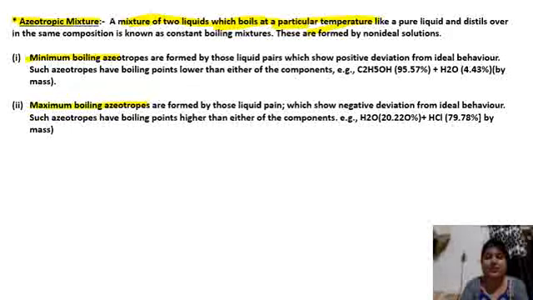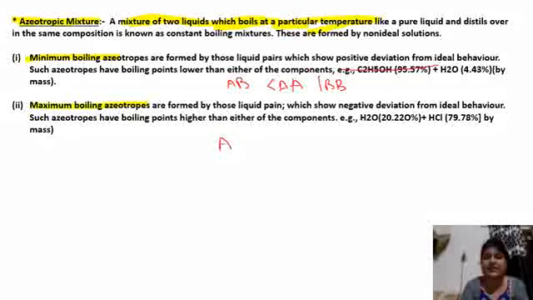If the interaction between solute and solvent particle is less than that of individual one, means the AB interaction is less than the AA or BB interaction, then it is known as minimum boiling. That is, they show positive deviation. What will they show? Positive deviation.